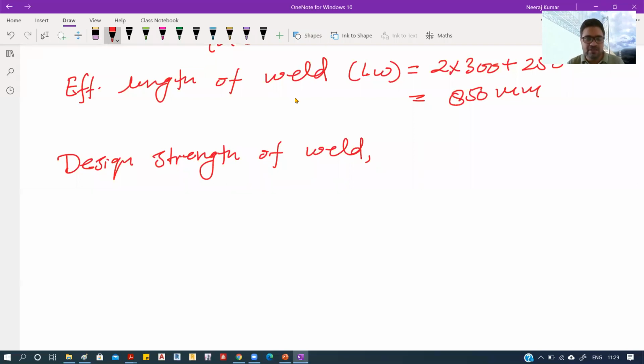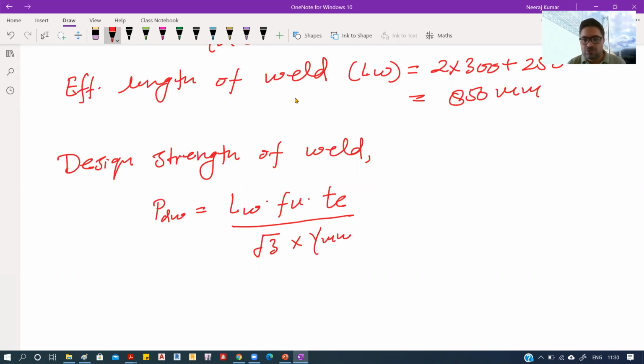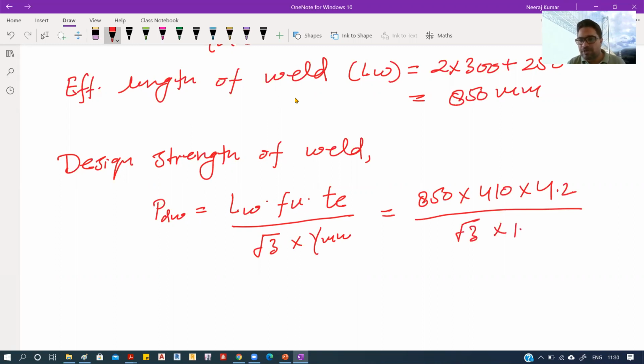Generally design strength in fillet weld is represented by PDW equals LW into FU into TE, whole divided by under root 3 multiplied by gamma MW. We will write here all the values. LW is 850 multiplied by 410 multiplied by 4.2 and divided by under root 3 multiplied by 1.25.